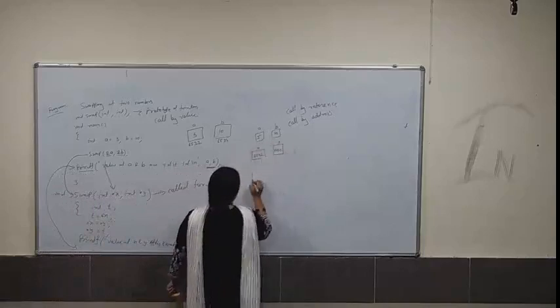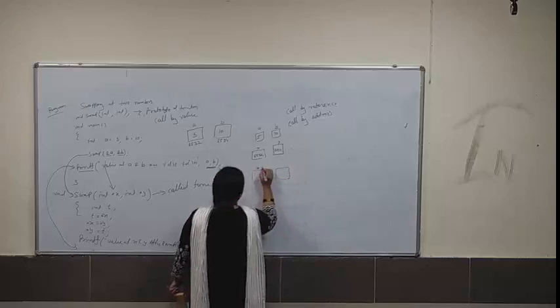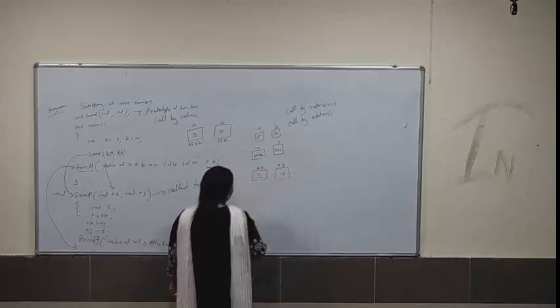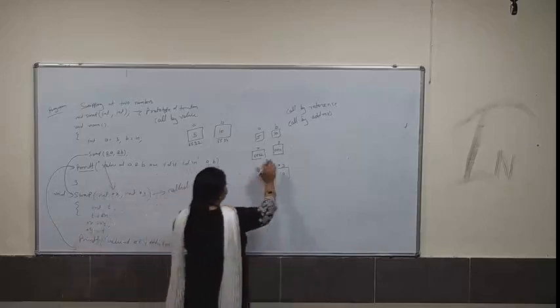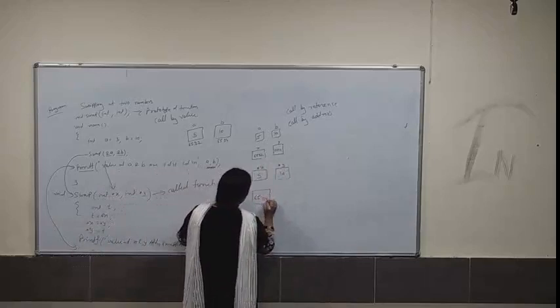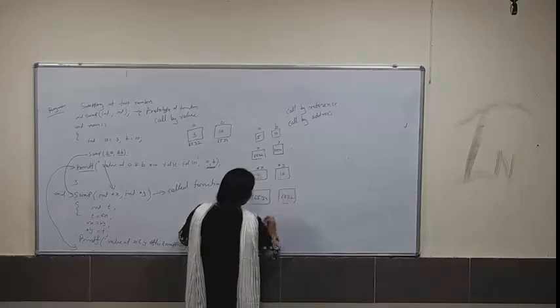A, B is nothing but star X, star Y. What is the meaning here? Star X means the value is 5 and this one is 10. Now when the swapping is performed, the address will be swapped here. Then this is 6534 and this one is 6532.